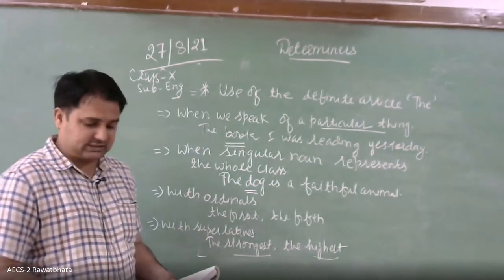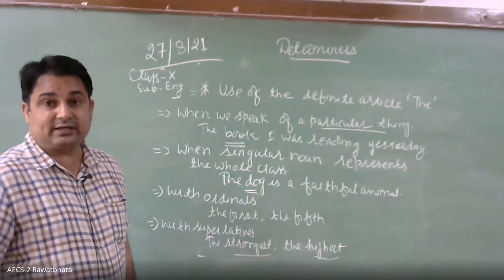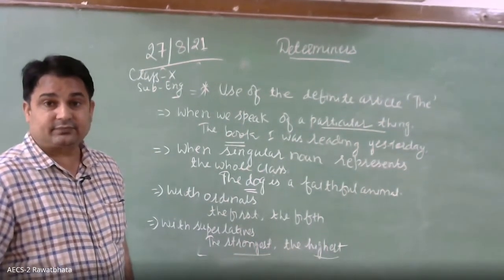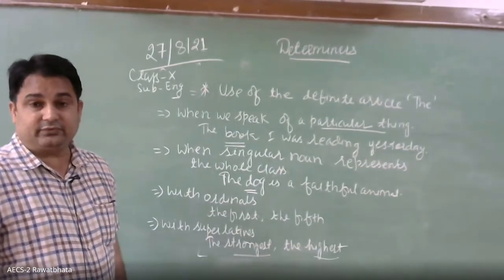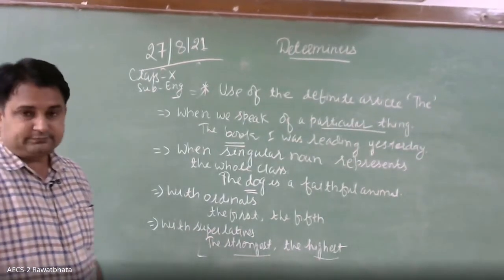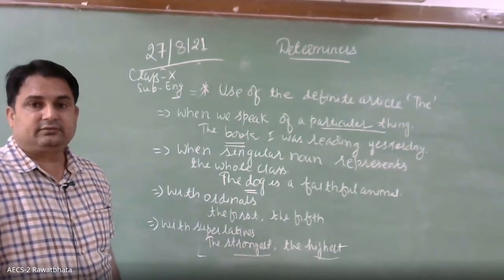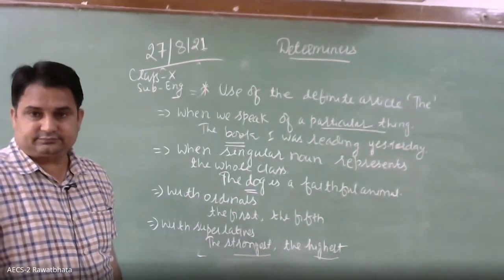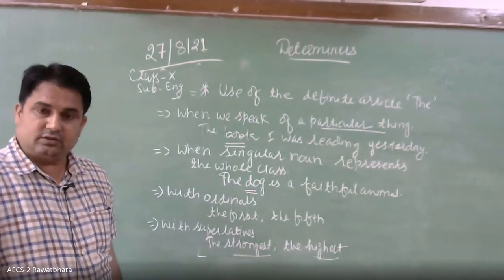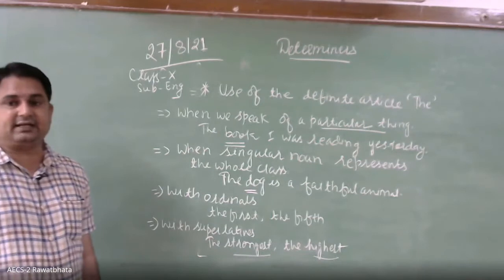Okay, children. Then write the next. All of you have written this? Yes, sir. Is there any student who has not written? If any one of you has not written, that child can inform.